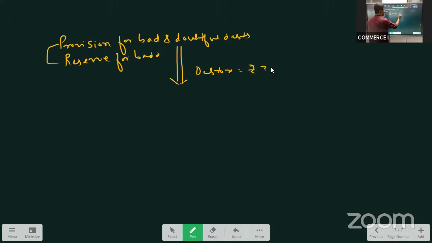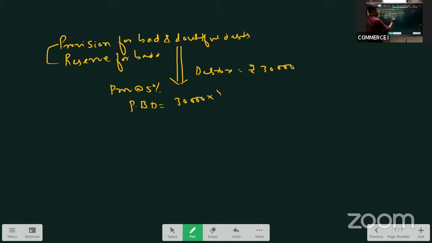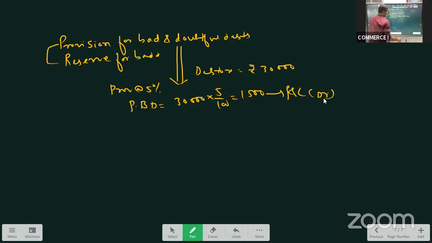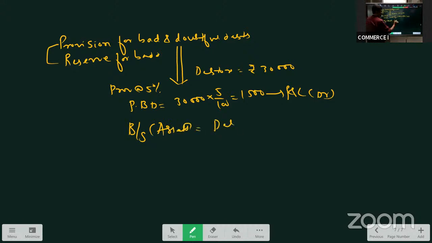So say the debtors are given as 30,000 and we are asked to create a provision of 5%. Then provision for bad debt is 30,000 into 5 by 100, that is 1,500. Okay, 1,500 is the provision. So where do we show it? The provision for bad debt will be shown in the P&L account on the debit side, and in the balance sheet on the asset side, deducted from debtors.